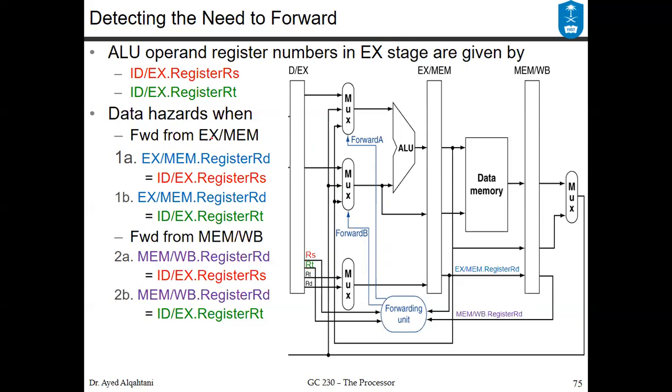So if this is the RS and the RT coming out of the ID to execute pipeline register, we know that the data hazard could be removed if we forward from this pipeline register, the execute memory register, meaning that we are forwarding from the ALU back to the ALU.